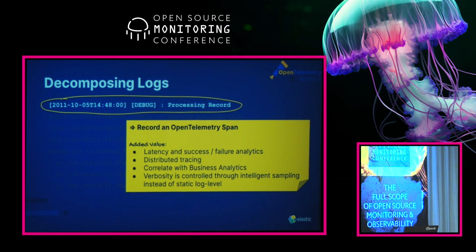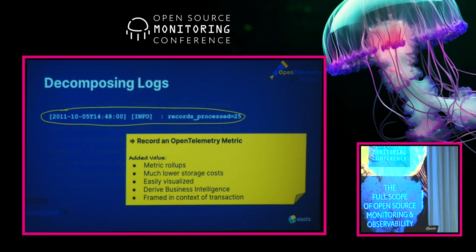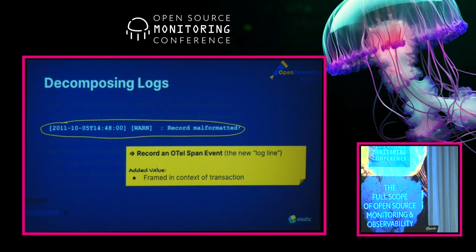And then for that span, we could say, this also has a metric. For example, this is okay as a log entry, but it doesn't make so much sense. Probably you want to transfer this into a metric, which you can then aggregate and roll up. And then you might want to add a span event. This is like a log line within the span.